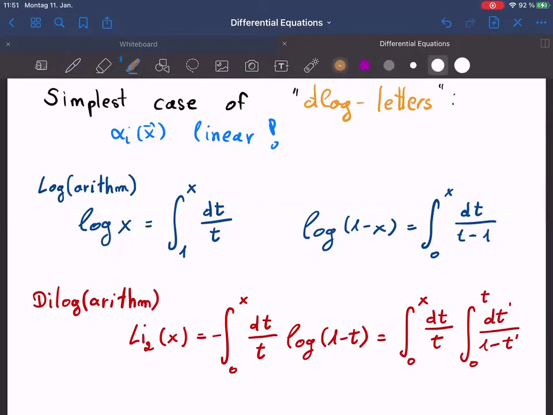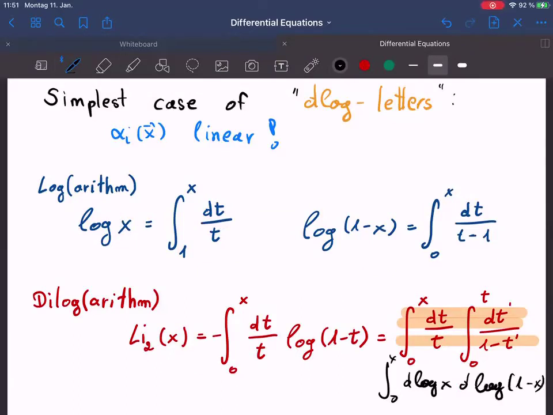For example, this quantity here, if we use our notation with two words, this would be the integral from 0 to x, d log x, d log 1 minus x. Should be the minus sign. If you want this notation of omega 1, omega 2, omega 1 would be d log x, omega 2 would be d log 1 minus x.